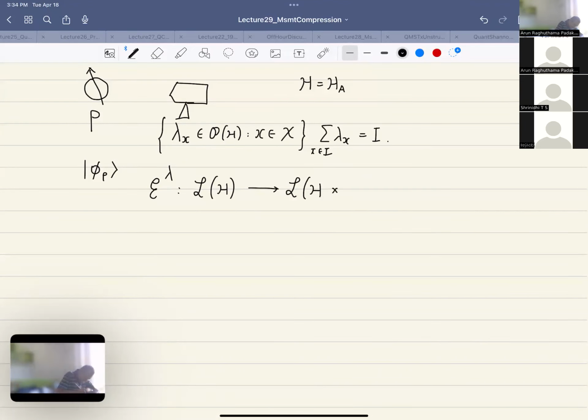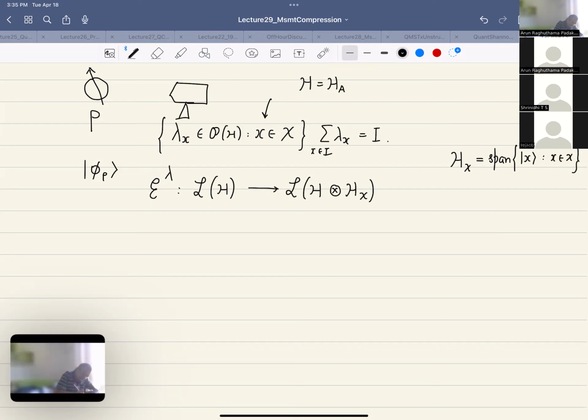So this takes you from H to HX. What is HX? I want to give a space for the outcome of this classical random variable. So HX is just the span of X, so all the outcomes of the classical register are distinguishable. That's really what I mean.